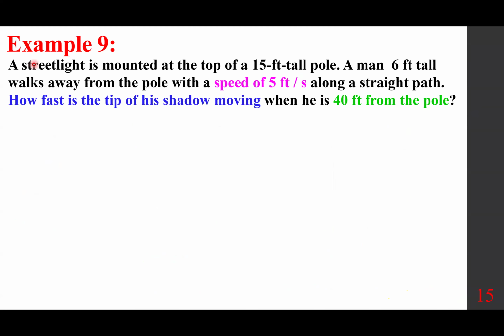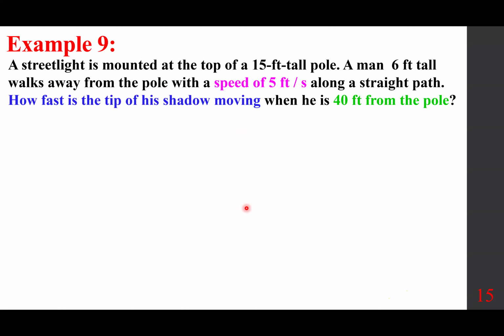A street light is mounted at the top of a 15-foot tall pole. A man 6 feet tall walks away from the pole with a speed of 5 feet per second along a straight path. How fast is the tip of his shadow moving when he's 40 feet from the pole? The drawing is important.